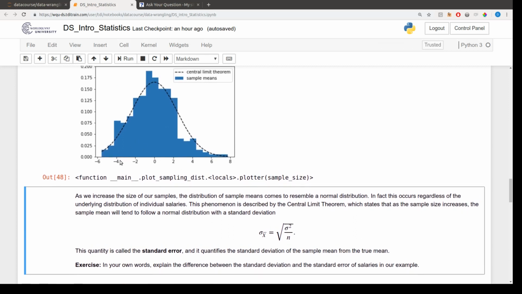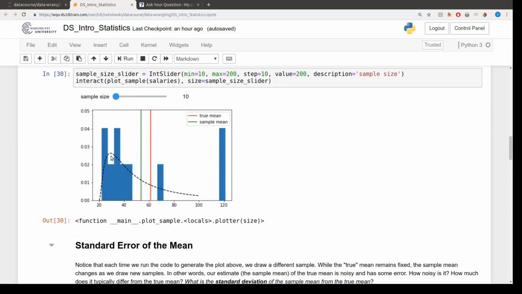So this is a little bit tricky to think through, because we're now talking about two different distributions. One, we have a distribution of salaries. That distribution is a probability distribution describing the likelihood that we pick out a particular salary for an individual in our sample.